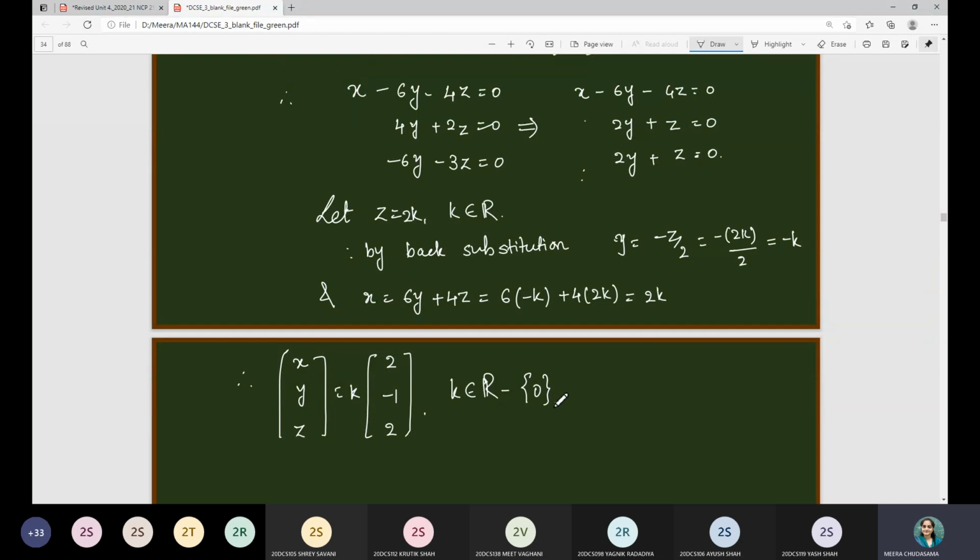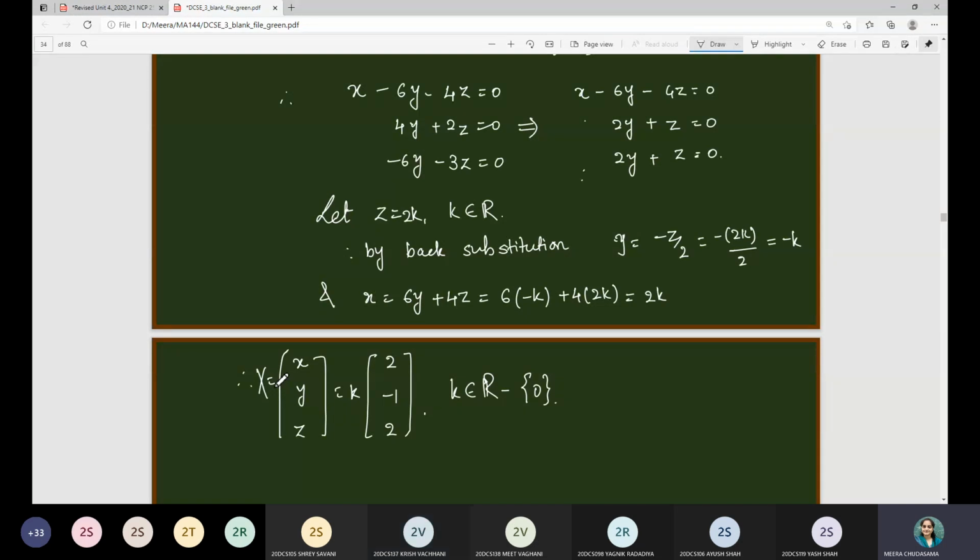Why have I neglected 0 in this case? Why each time while writing the eigenvector am I taking k belongs to R minus 0? Ma'am, because we are considering the eigenvector as a non-zero vector.